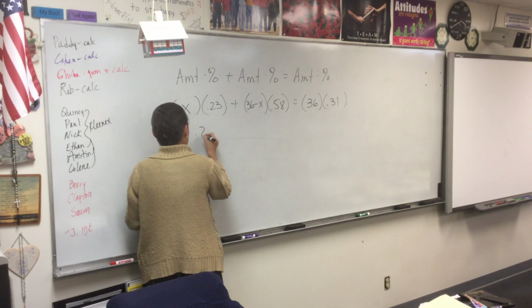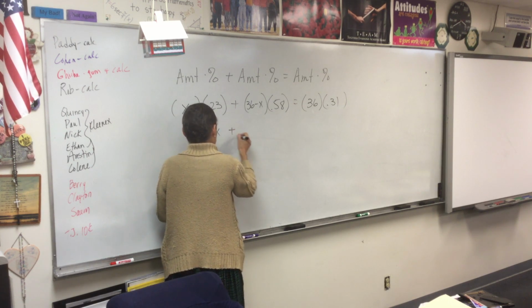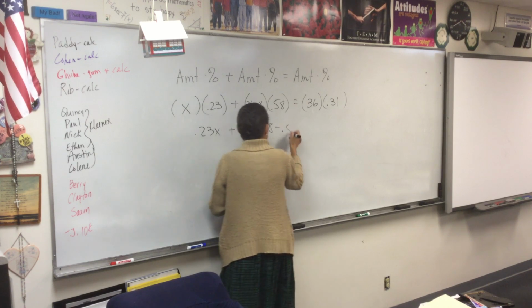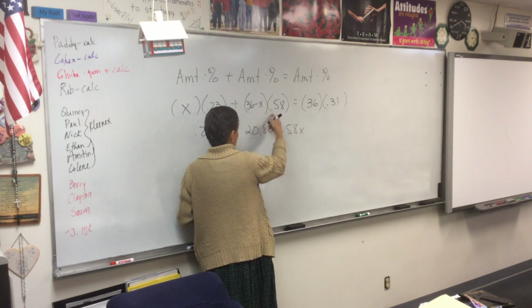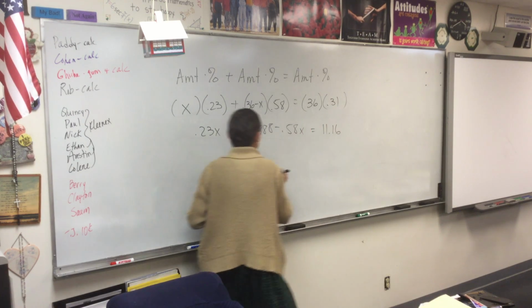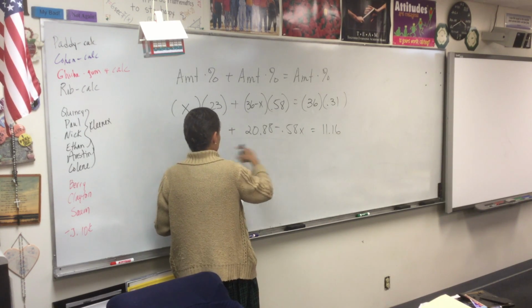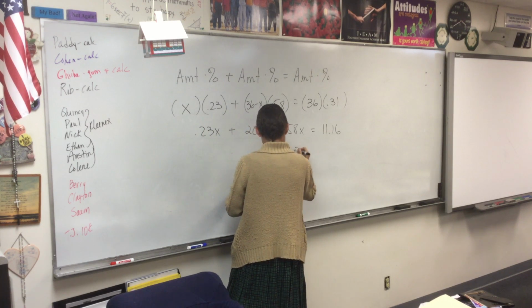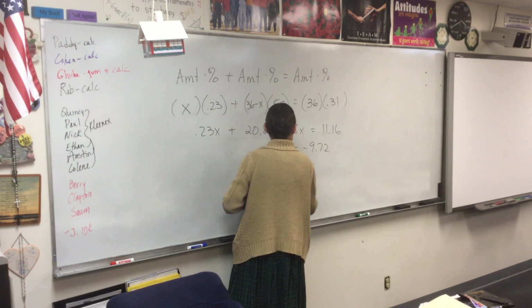So then we multiply it out using our calculator. This is a distribute, so you're distributing here. And then we kind of collect like terms and move things around, and we have negative 0.35x equal to negative 9.72.